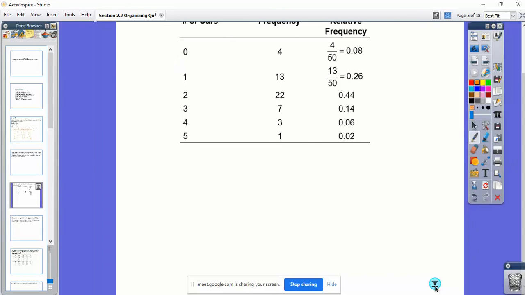I'm just going to do this one by hand. It's not a very big one. If you're making a histogram, you should title it something. So what should I call this one? Number of cars, cars per household, something.